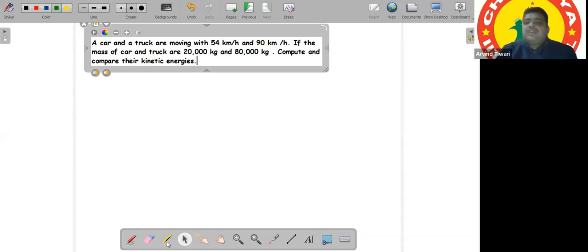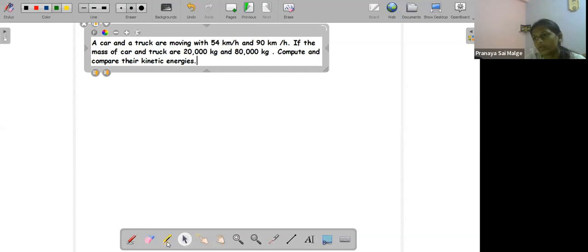Pranay, convert that answer to scientific notation, and then also tell which one has a greater kinetic energy. The one with more mass has more kinetic energy because mass and kinetic energy are directly proportional.